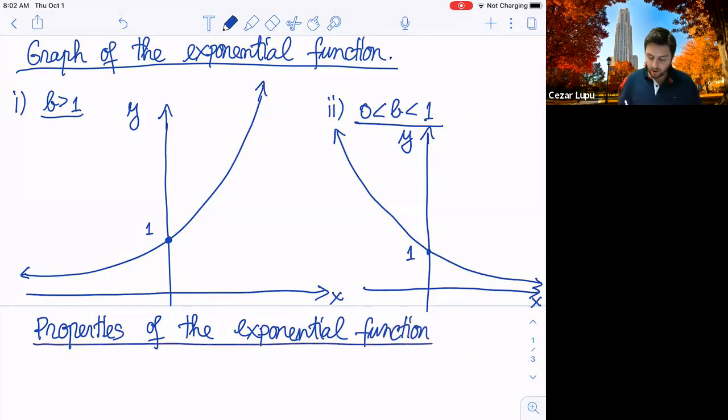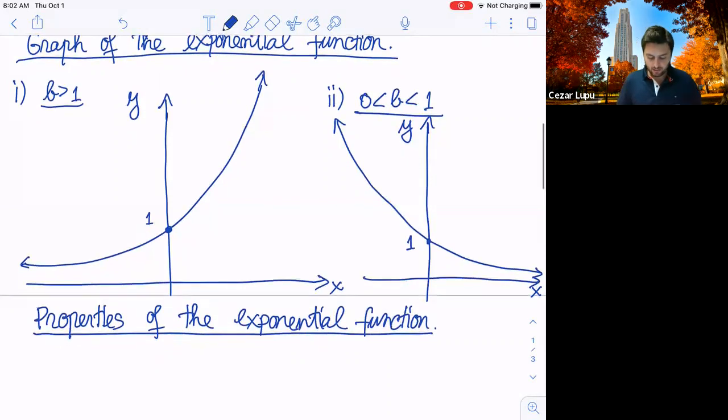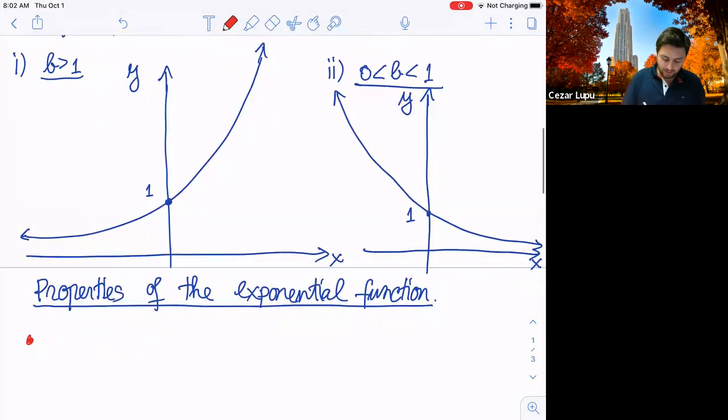I want you to look at it. If we look at the graph, we have the following properties. The first one is that the exponential function is continuous. As you can see, the graph is not interrupted at all for all x.